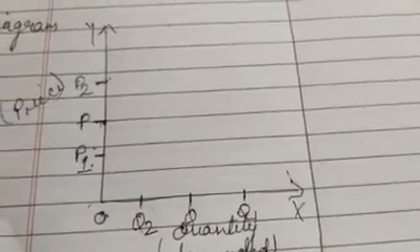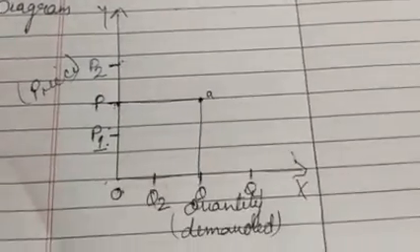Now we'll join P to Q. We'll join first original price and original quantity. This is your A. Then we'll join P1 to Q1.